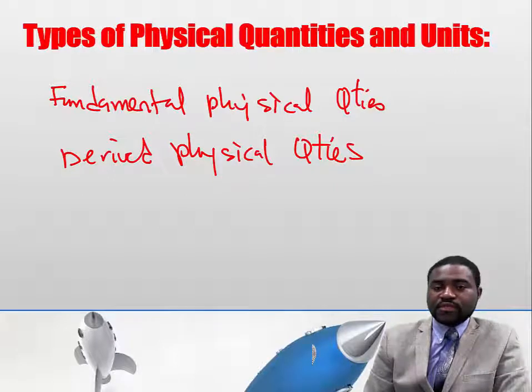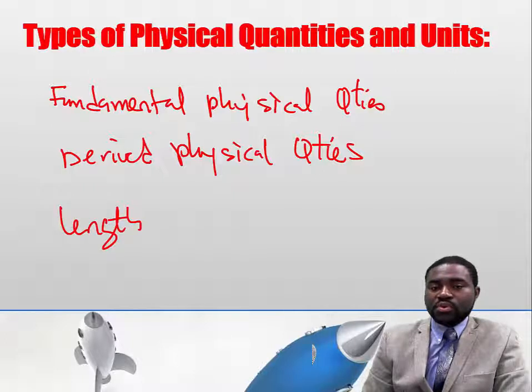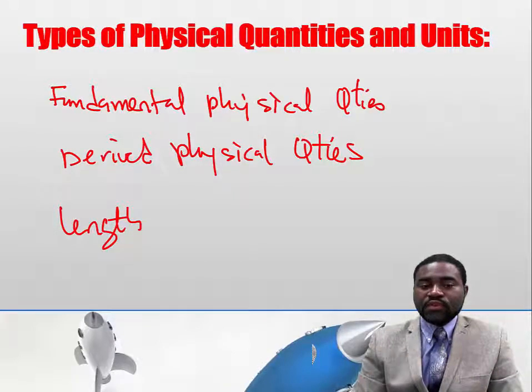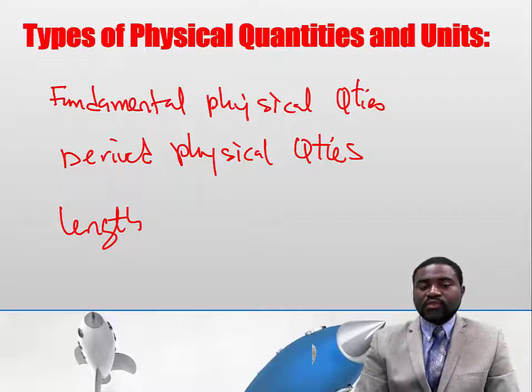A fundamental physical quantity is any quantity that can be measured directly. For example, the length of a book. If you want to measure the length of a book, all you have to do is take a ruler and measure the length. You don't need to measure any other thing. So length is an example of a fundamental physical quantity.